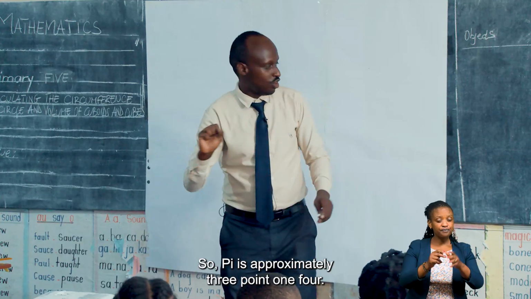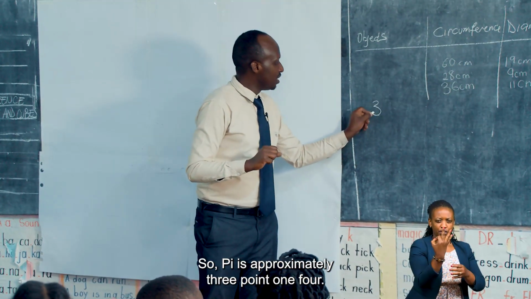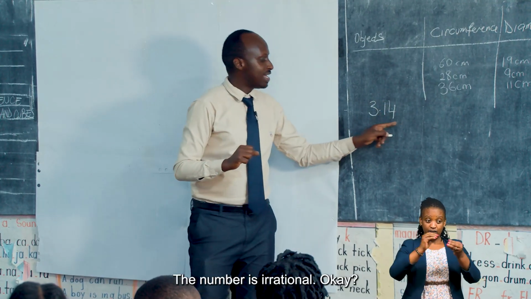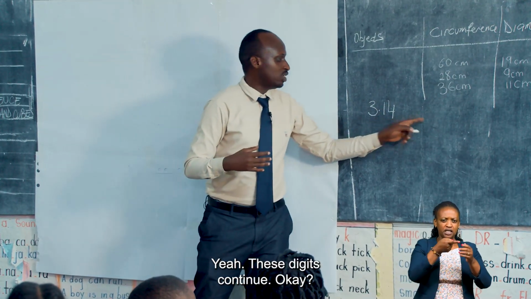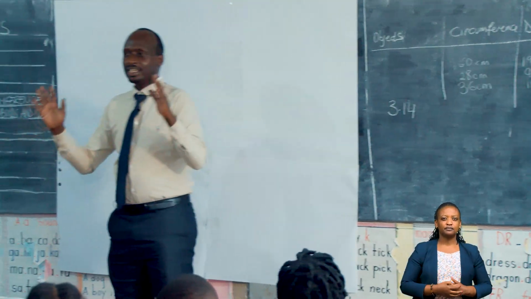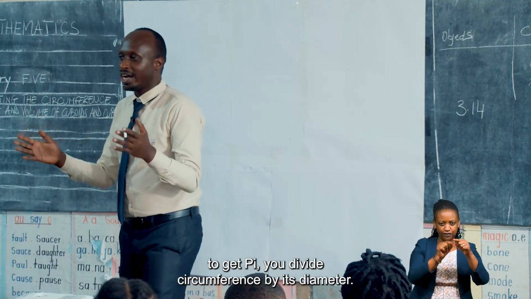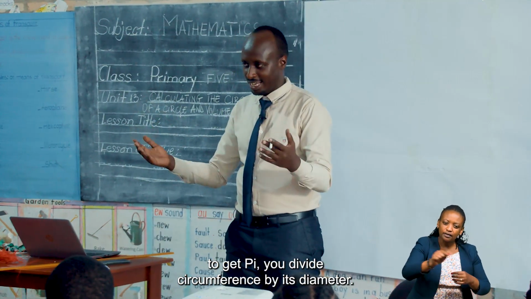So pi is approximately 3.14. The number is irrational, these digits continue. And to get pi, you divide circumference by its diameter.